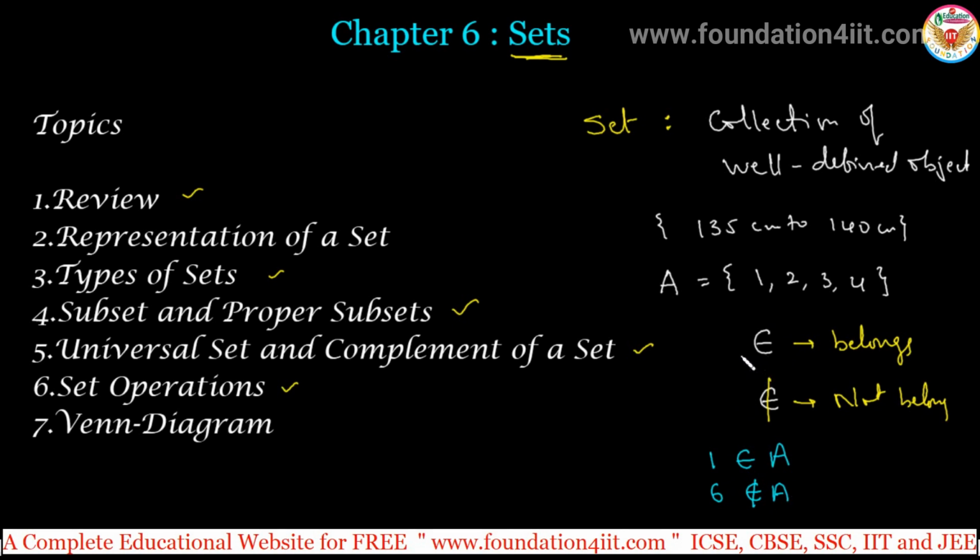Now let us see how to make the representation of the set and what type of the sets. And in this representation also you have two types and converting from one form to other form. Those we will see now. Representation of a set. So to denote or to represent a particular set, mainly we have two ways to represent the set. So those two ways I'll explain briefly.